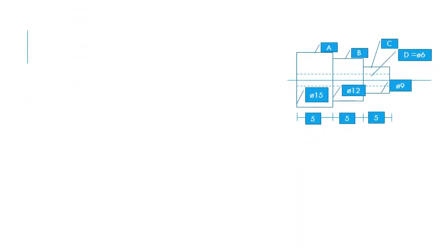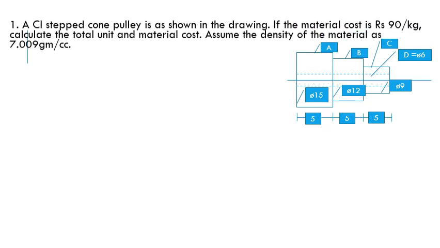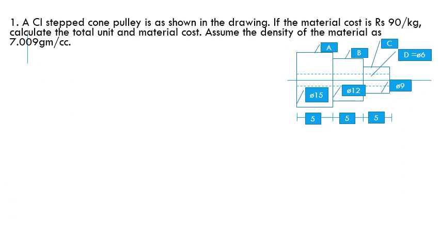Now let us discuss a few numericals. A CI stepped cone pulley, that is a cast iron stepped cone pulley, is as shown in the drawing. If the material cost is rupees 90 per kg, calculate the total volume and the material cost.